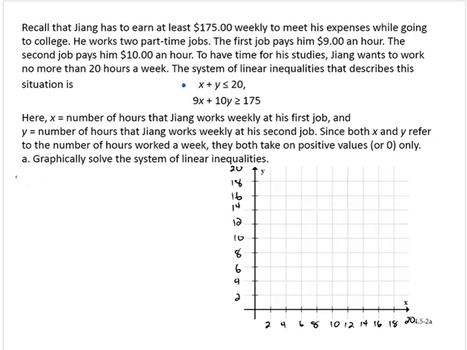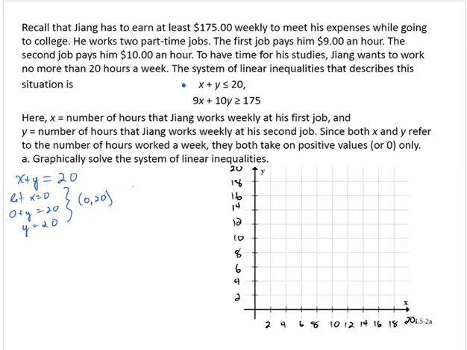I'm thinking x + y = 20 for the moment, and finding intercepts. If x equals 0, then we would have 0 + y = 20, so y = 20. So we have the y-intercept at (0, 20).